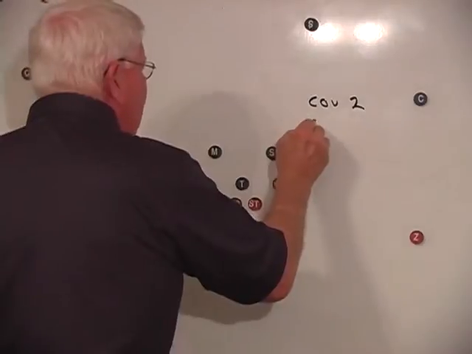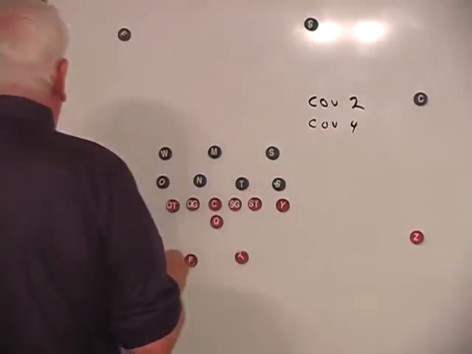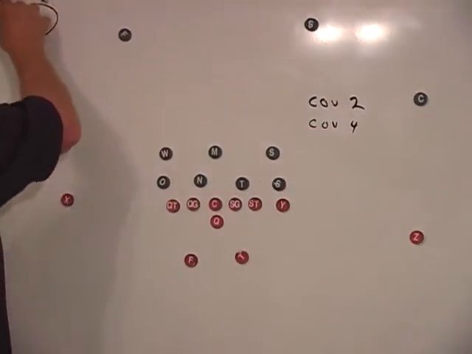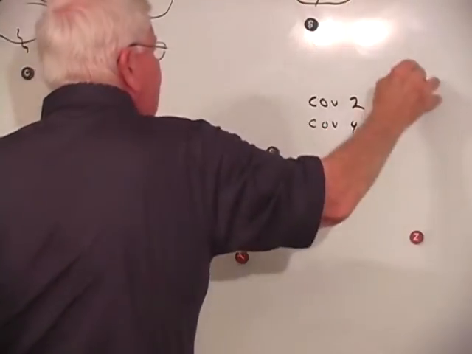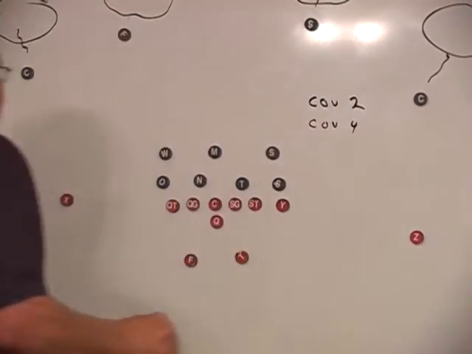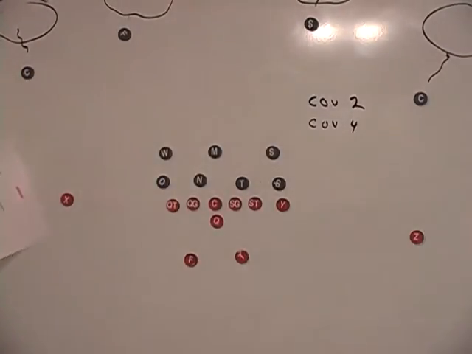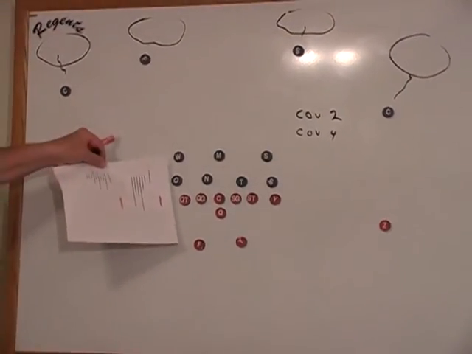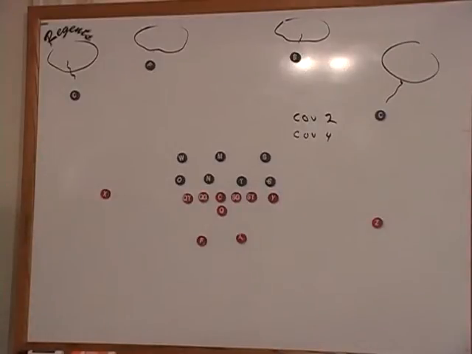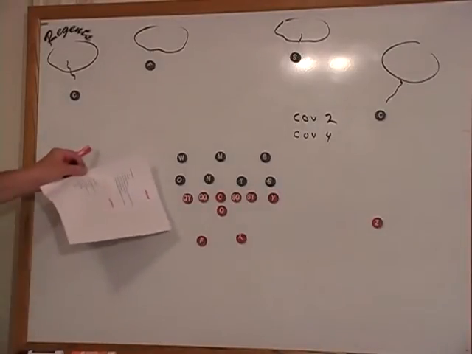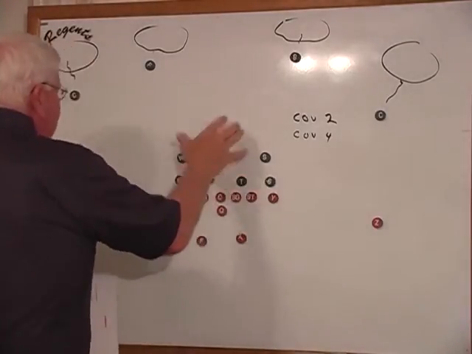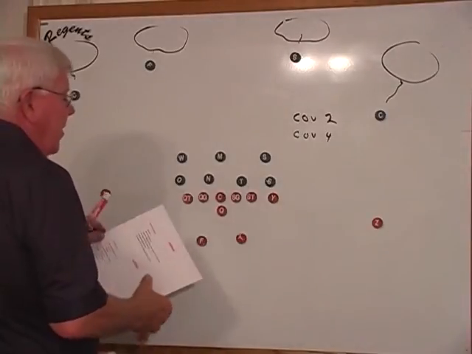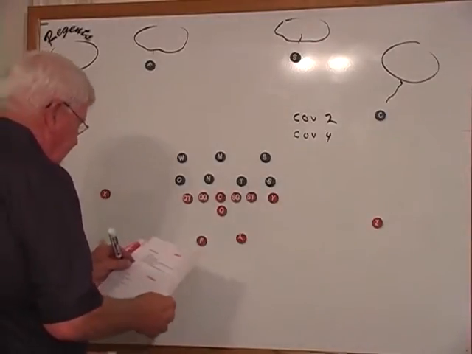In cover 4, there are 4 guys playing deep. Now, they're weak out in this area here, unless this guy is going to help cover out there. And if he helps cover out there, then it weakens their box. But it's important that you are able to think in terms of that.